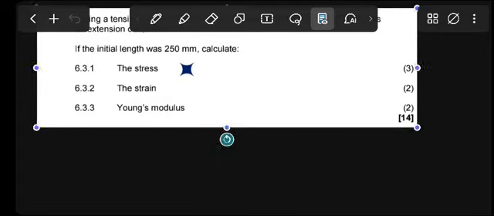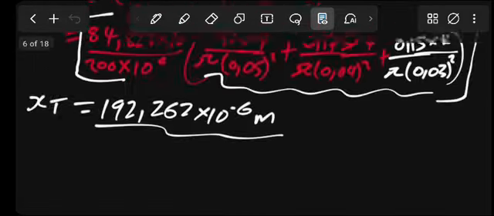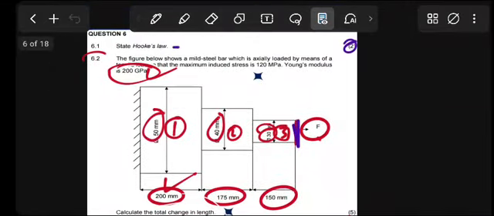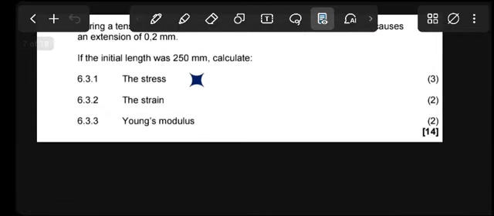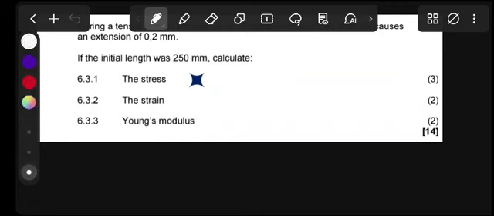I forgot to put this one, it was supposed to continue here. Remember, if you can check, this was 6.2, supposed to continue to 6.3. So we have this 6.3 here, so it must become a continuation.